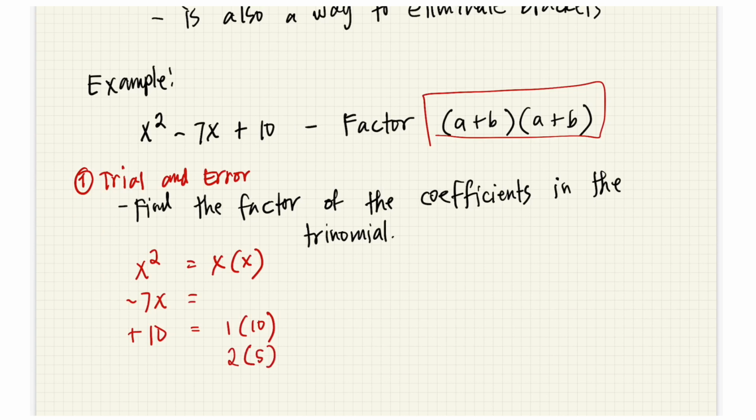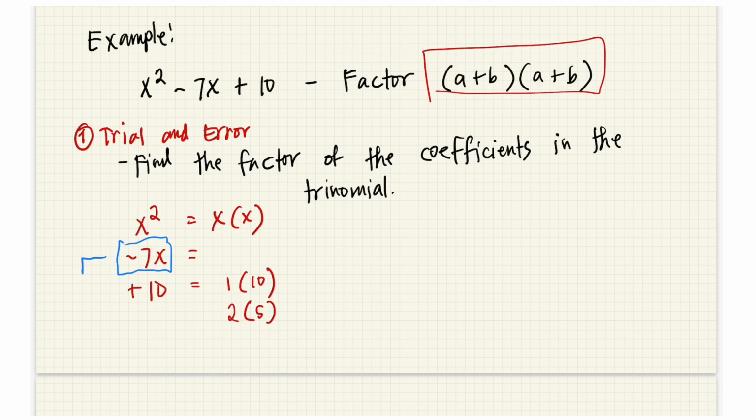Now, in a trinomial, guys, the middle term is the sum of the factors of the third term. Okay, the middle term is the sum of the factors of the third term.